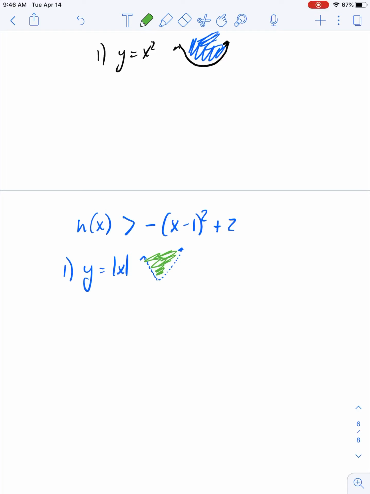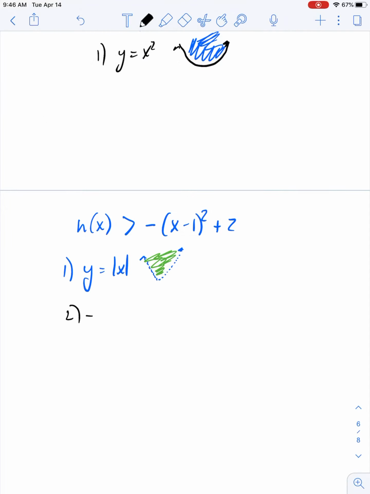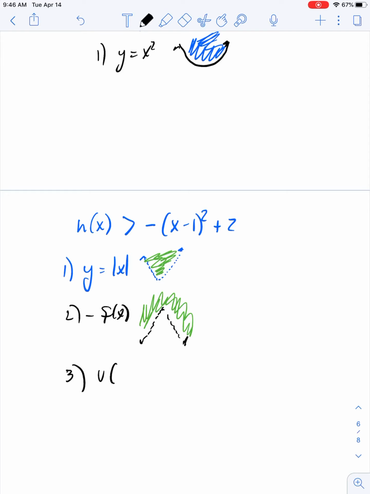Okay, so step 2, I have a negative on the outside of my function, which means it's going to be a dash below. But my shading is still above it. Okay, so then my vertex 1, 2, and therefore there's my graph.